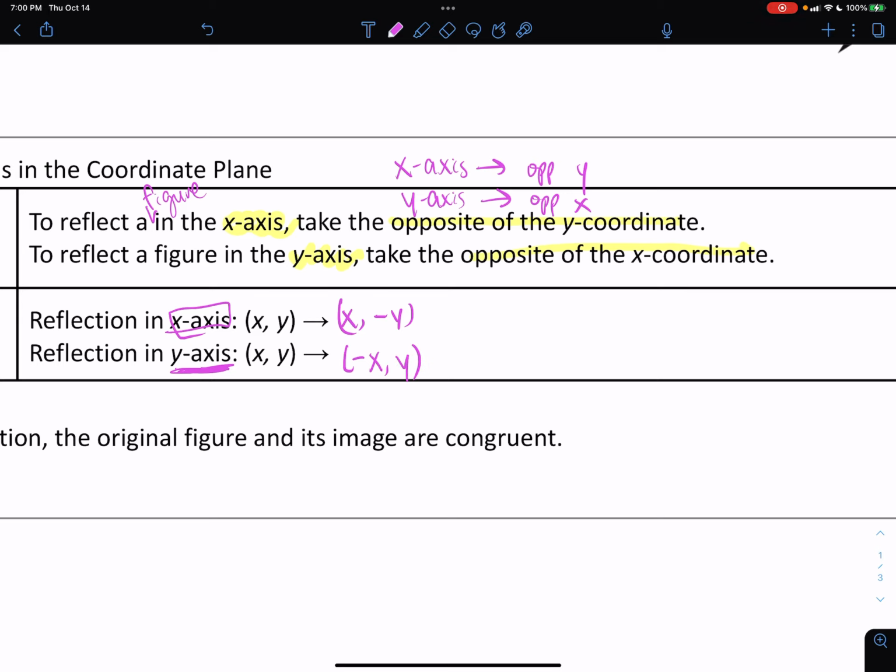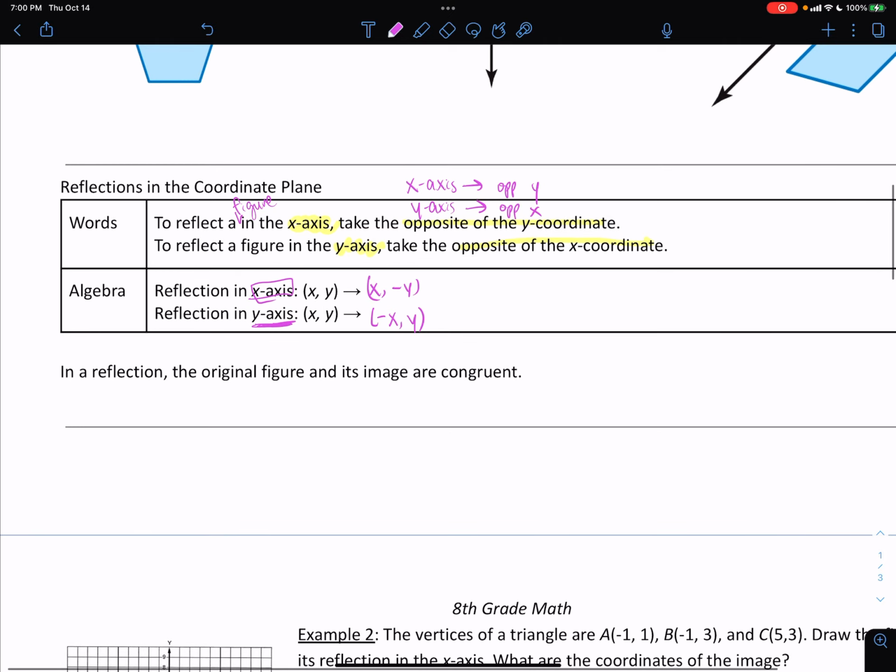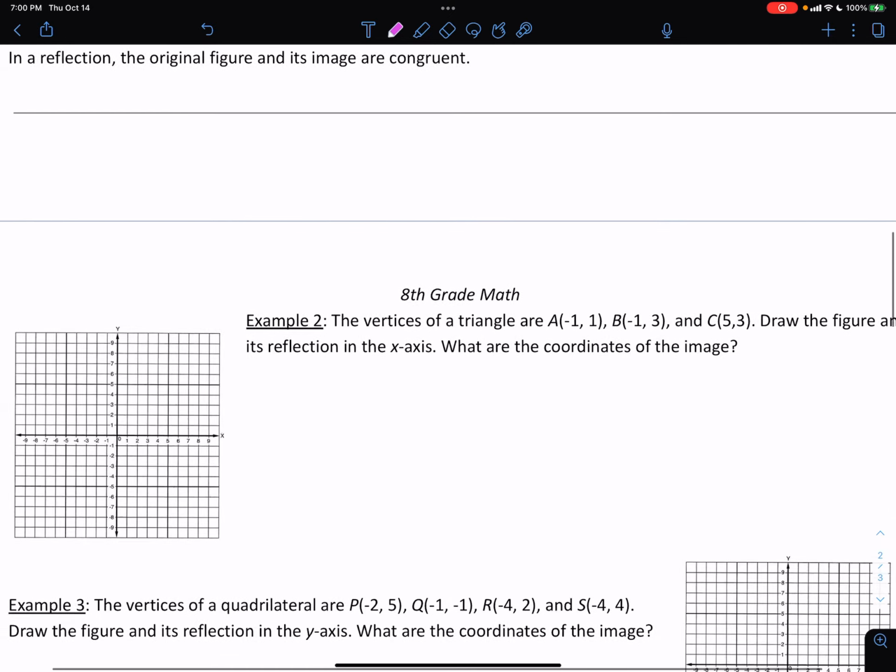Okay, so I would try to think about the opposite for reflections, right? So I think it's easy for us to be like, oh, x-axis, opposite of x, but it's x-axis, opposite of y; y-axis, opposite of x. In a reflection, the original figure and its image are congruent.